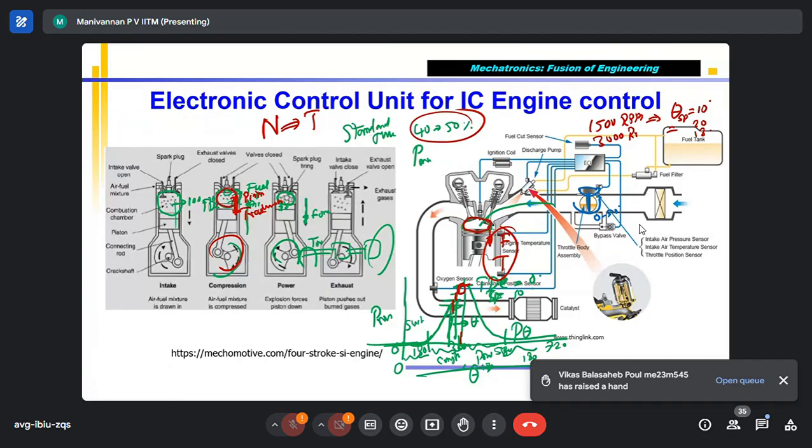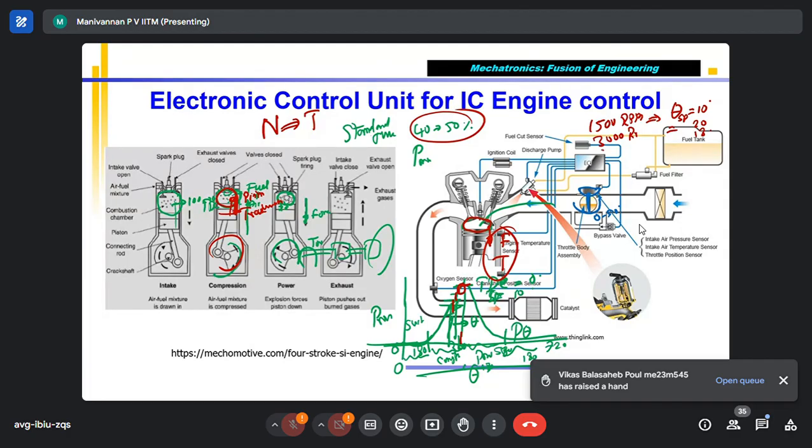But for the fuel-air mixture to burn 50% of the fuel, it takes a constant combustion duration. That duration is fixed. So if the engine is running faster, you need to give the spark much in advance, so that by the time the piston reaches TDC, the time for burning 50% of the fuel is available.